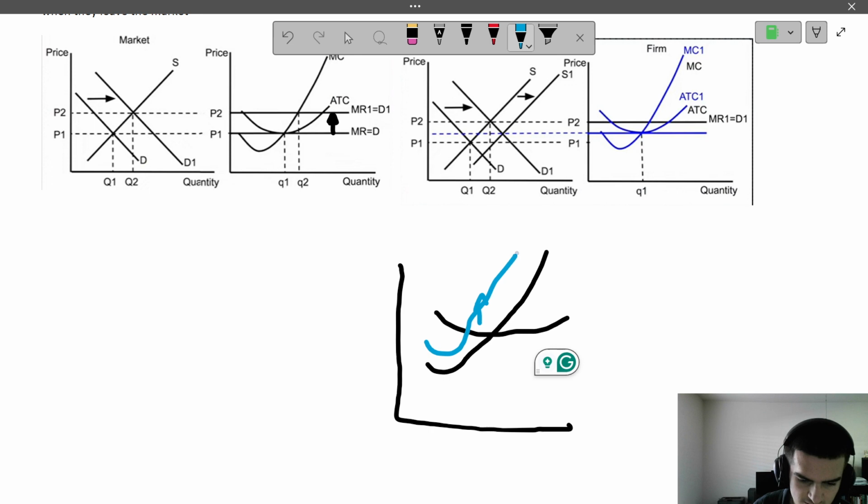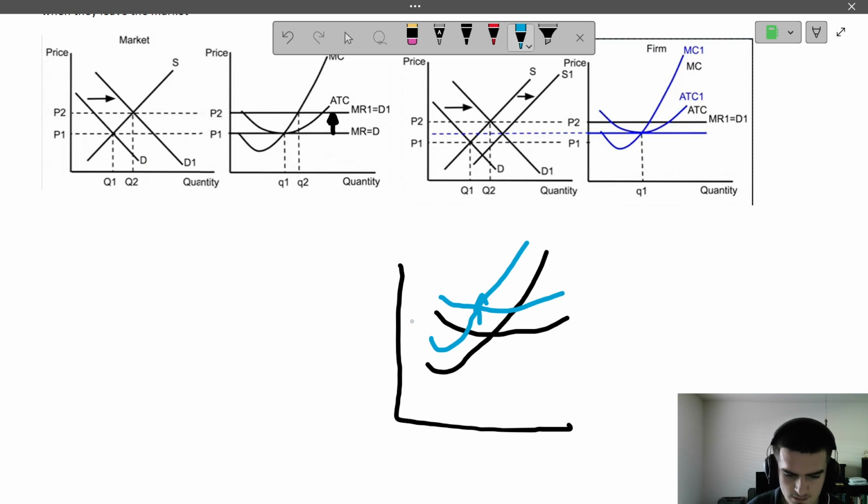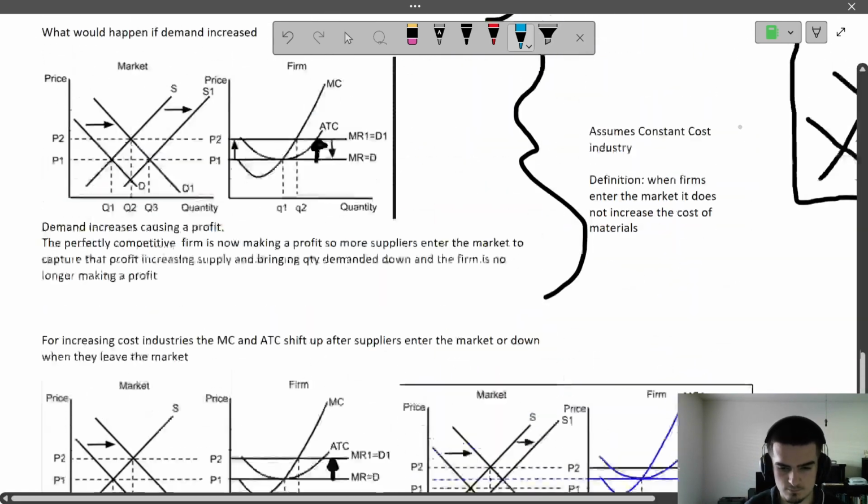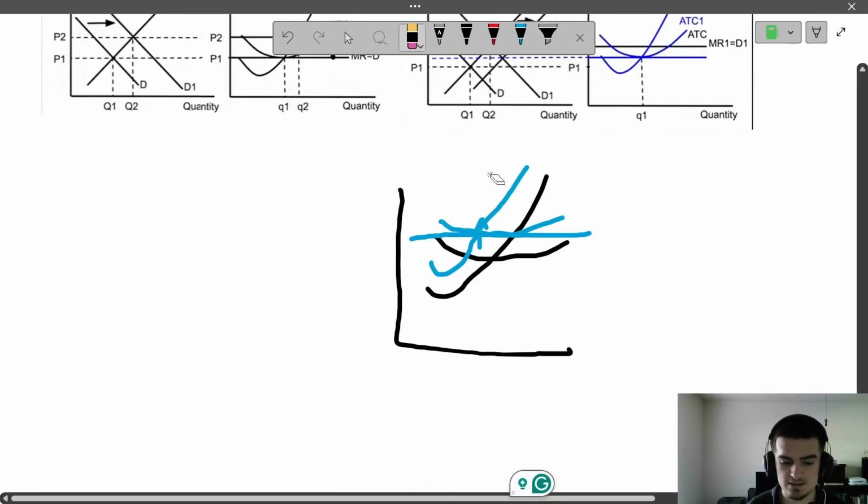So then now it's going to look like that. And then now we have a new equilibrium here. So yeah, that's that. I hope this made sense.